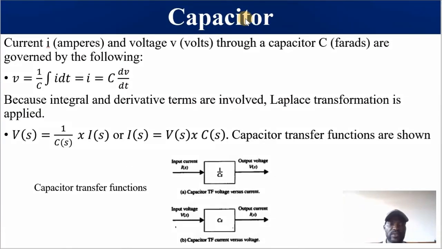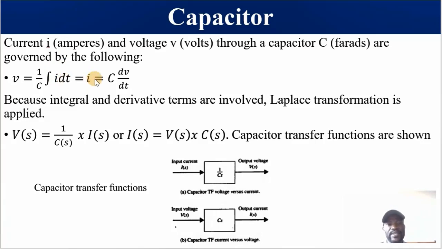Mathematical model of a capacitor. Remember your circuit theory. We are saying the current I in amperes and voltage V in volts across a capacitor are governed by the following mathematical equation. Voltage is equal to 1 over C multiplied by the integral of I dt.